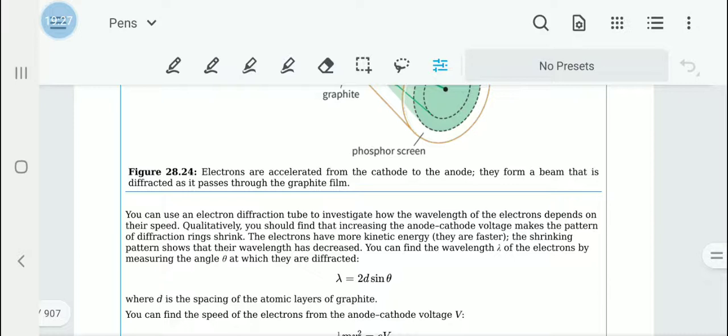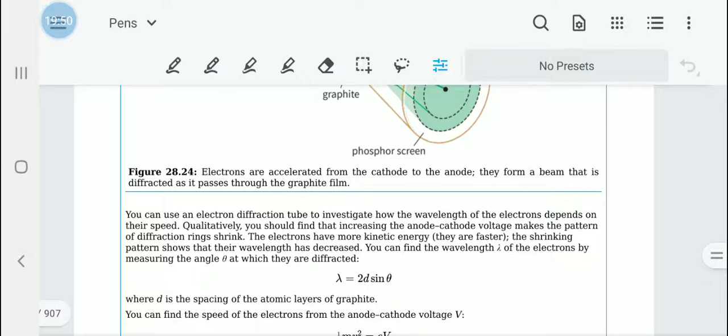When we increase the anode cathode voltage, that results in a faster electron beam, and the diffraction rings shrink, because the electrons have more kinetic energy. So as a result, when the rings shrink, it shows that the wavelength has decreased.